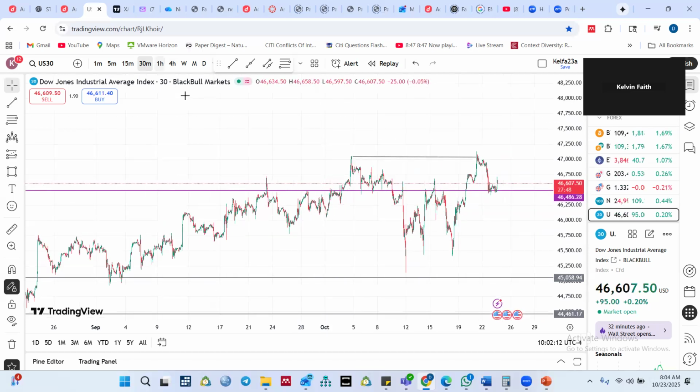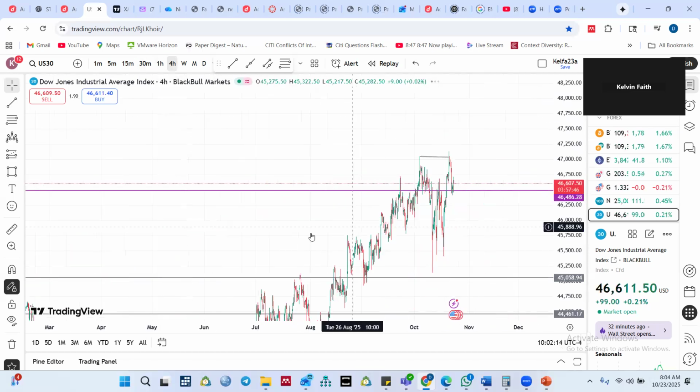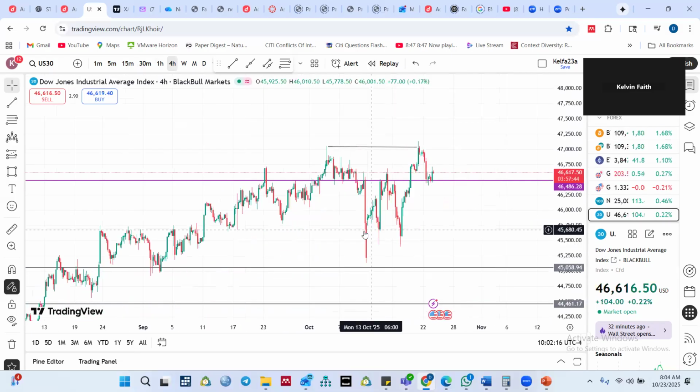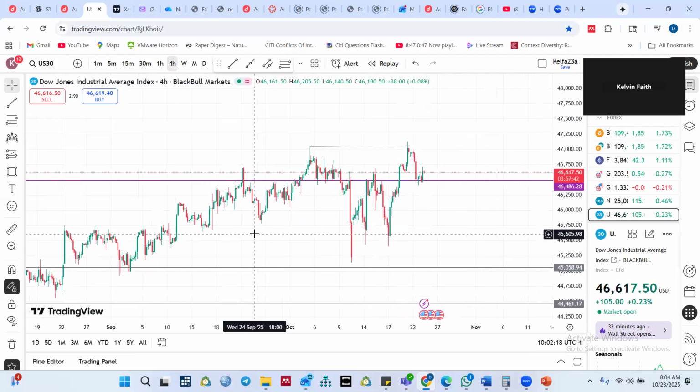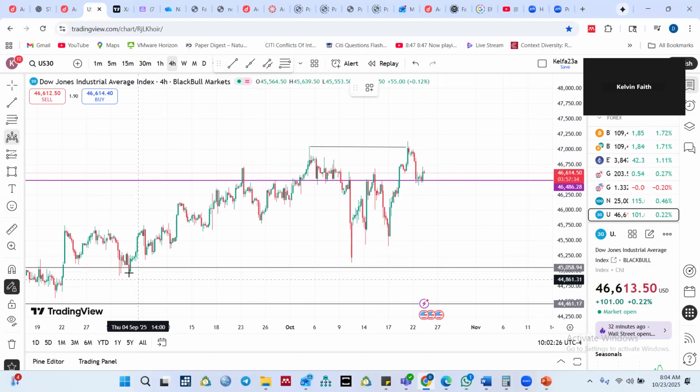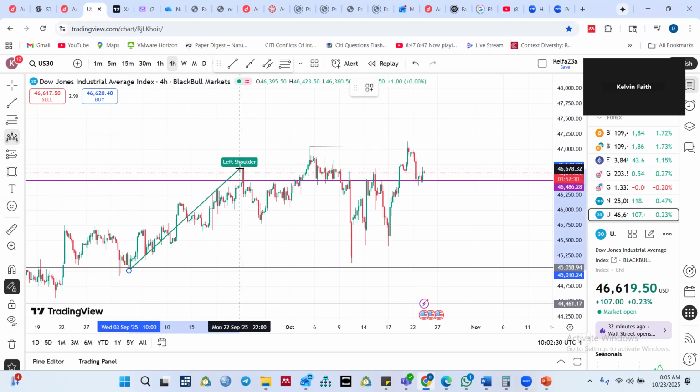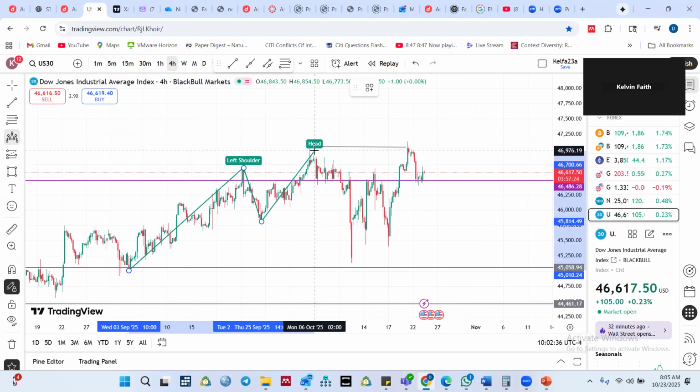Let me go back to the 4-hour because that gives me more precise prices. Good. So let's say I'm taking it from this point: we have this high, we have a low here, and we have a higher high.